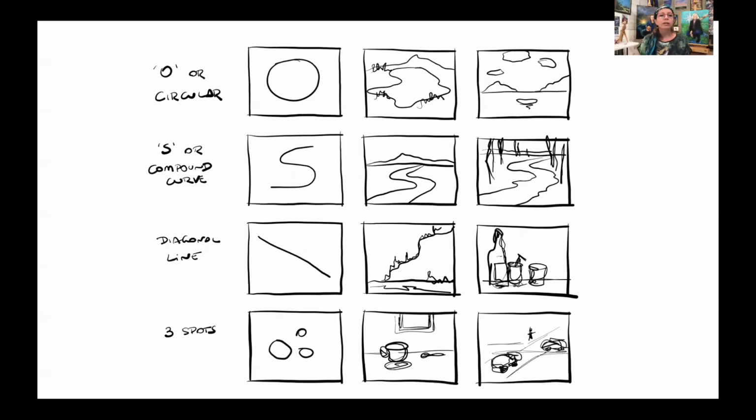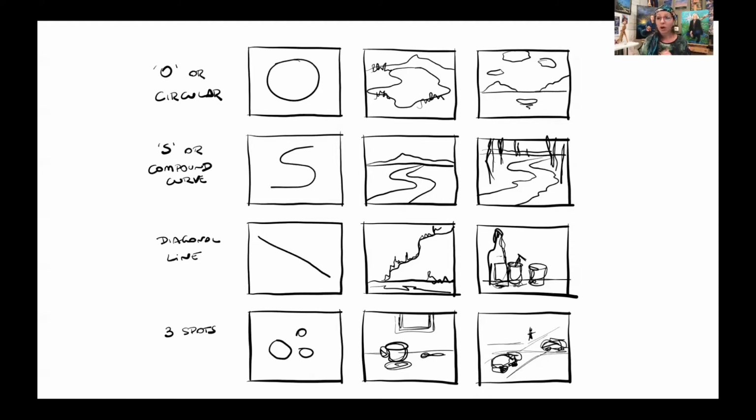Then you have the O or circular, and it can be very explicit. In the little sketch that I did, it's kind of like a lake. Or again, it can be a combination of several elements creating a circular shape. The S or compound curve is a very commonly used composition as well, and you'll find that very often when you're seeing a road or a lake.